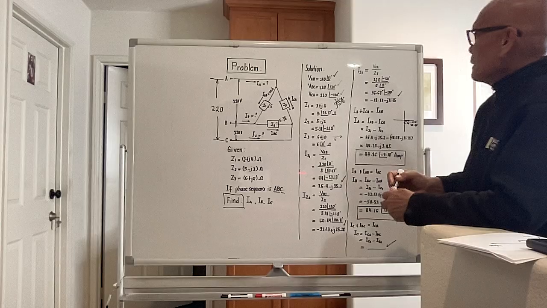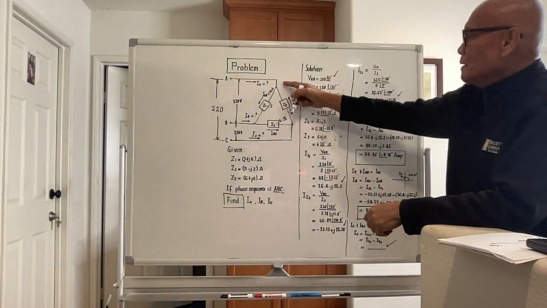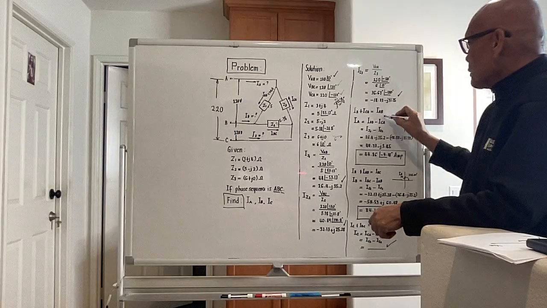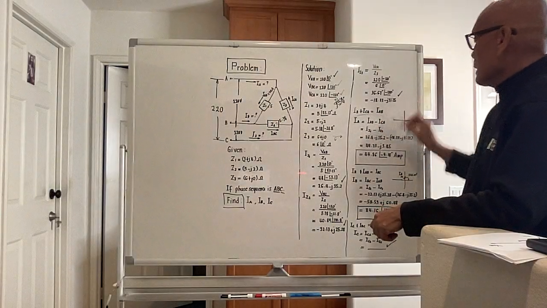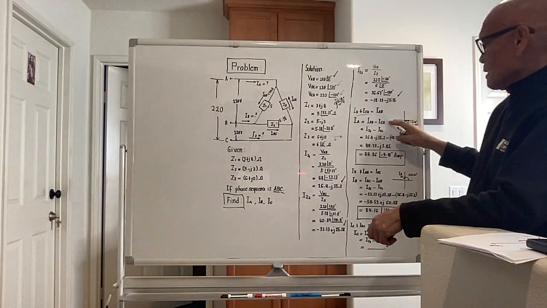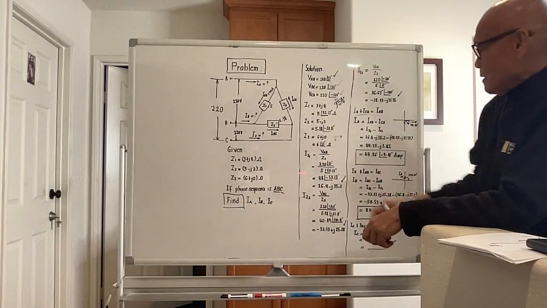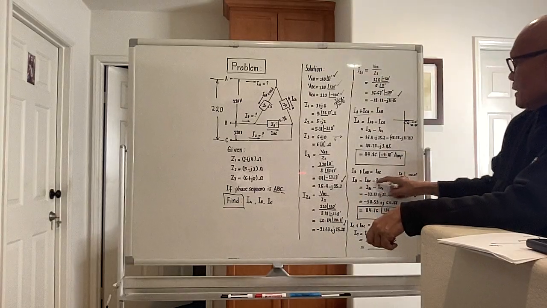For IA, the equation will be the difference of IAB minus I sub CA. For IB, it will be the difference between IBC and I sub AB.